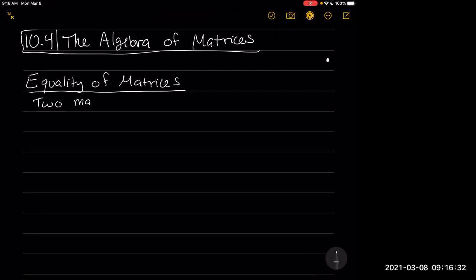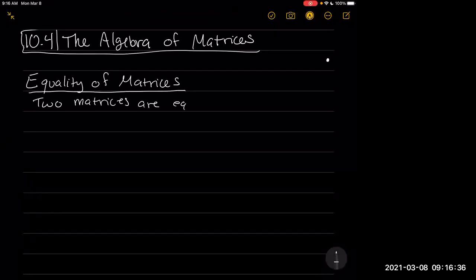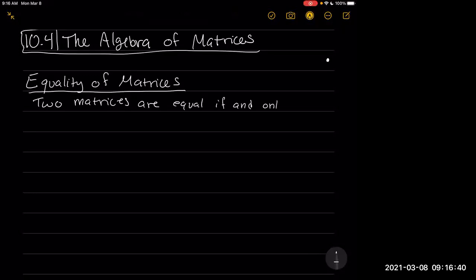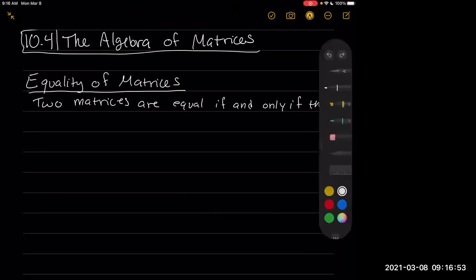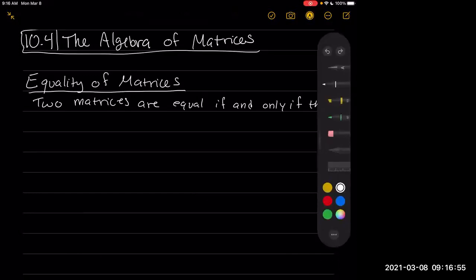Two matrices are equal if and only if they have, oh, they got covered up. Okay.